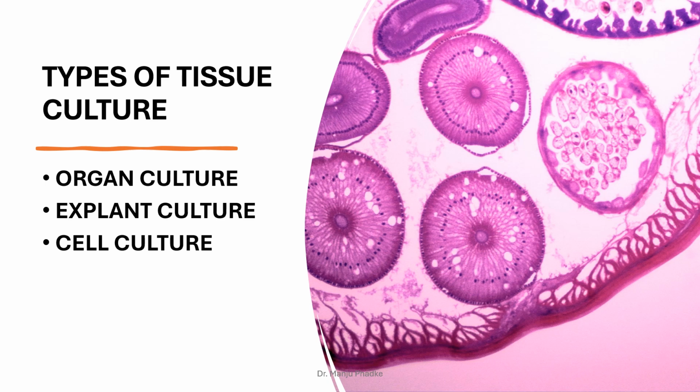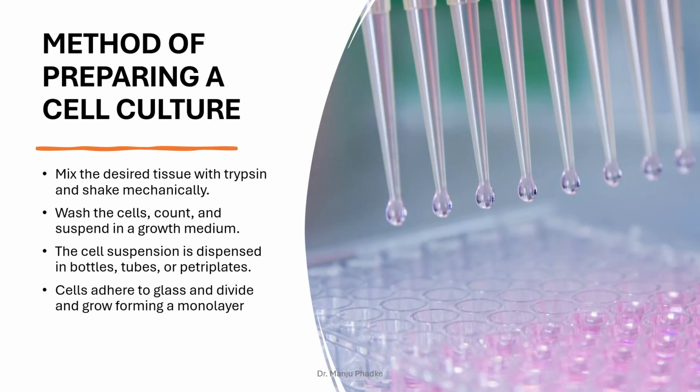Let us see how the cell culture is prepared. The desired tissue is removed surgically and it is mixed with a proteolytic enzyme like trypsin. Thereafter, it is shaken mechanically. The cells are washed, counted, and they are suspended in a growth medium.